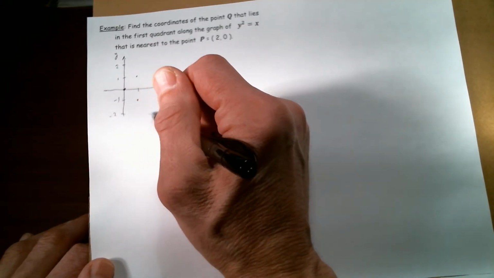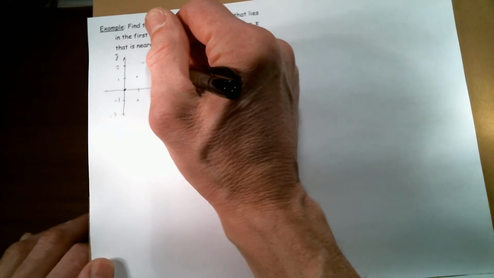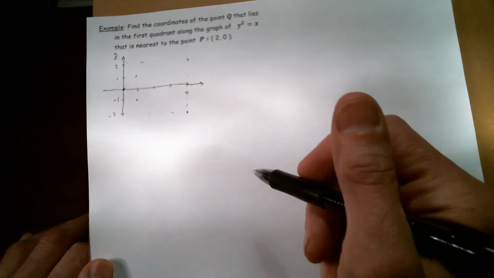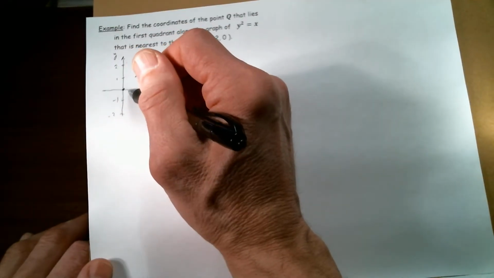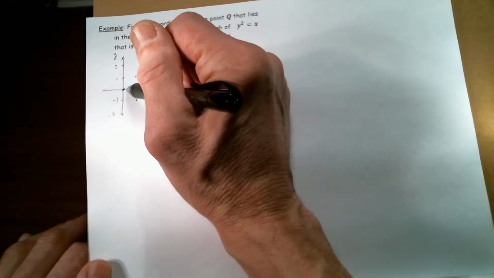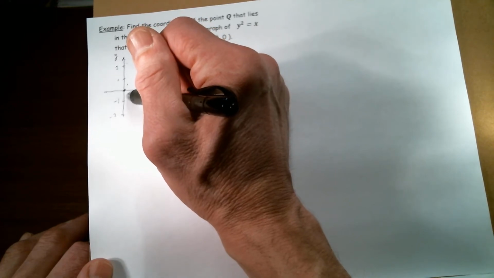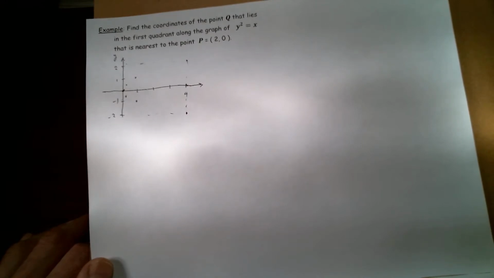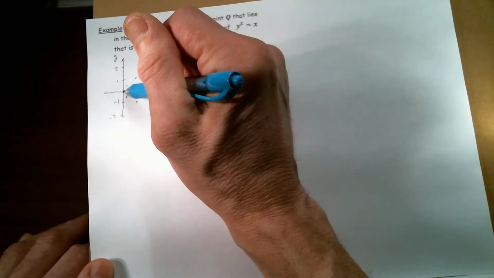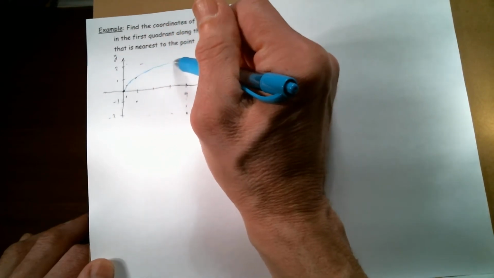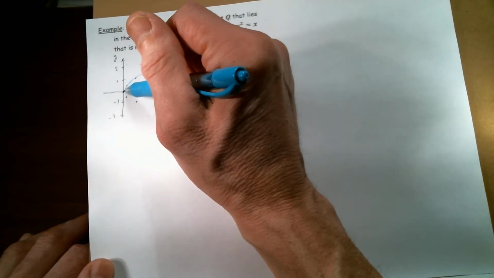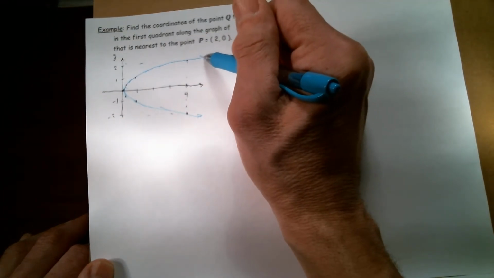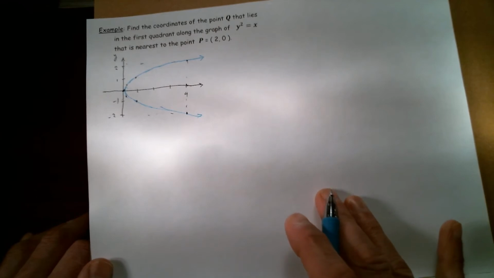And so you could locate these points on your graph. You could also see if x was 1/4, then y would be either 1/2 or -1/2. And so now we have several points, and we could use them to draw a nice picture of the parabola opening to its side. Okay, so there it is.